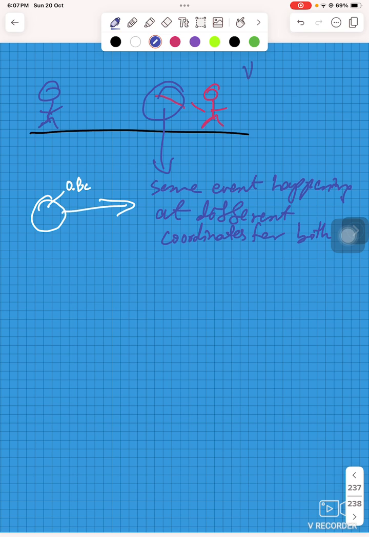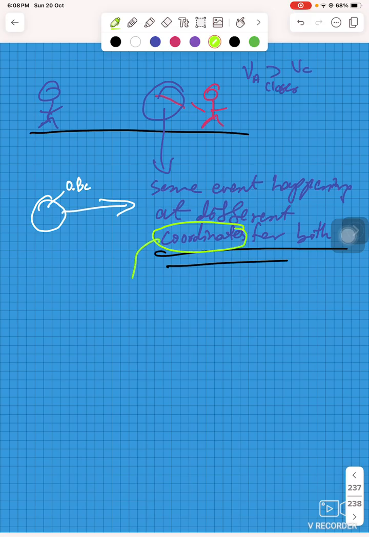Keeping in mind that v is closer to vc. Okay, pardon, I'm sick. What I mean by coordinates is x, y, z, and time.